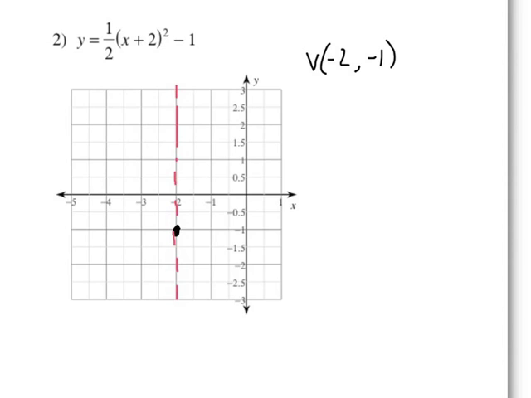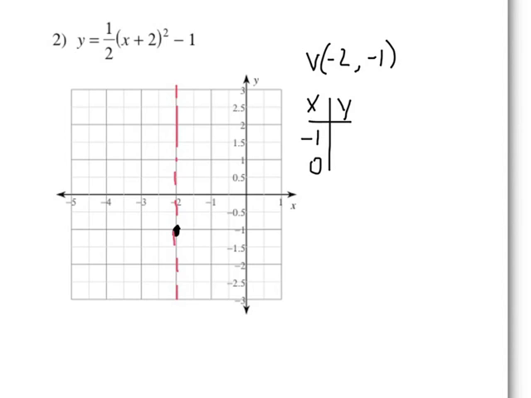To graph this, then, I need to plot points, right? I plot points that have x coordinates to the right of my axis of symmetry. So what are my x values here? -1 and 0.